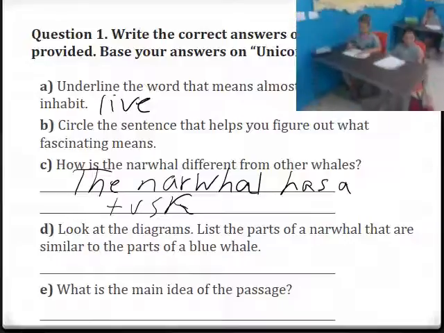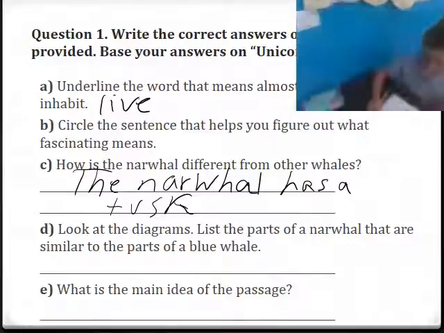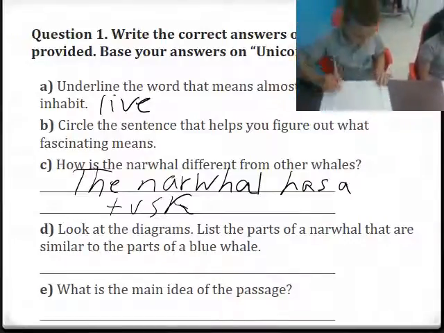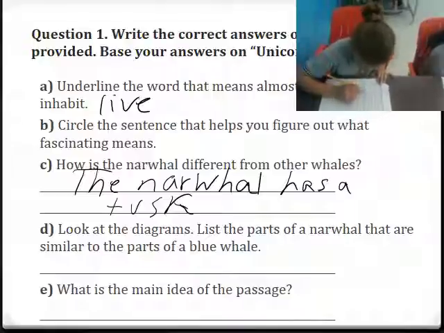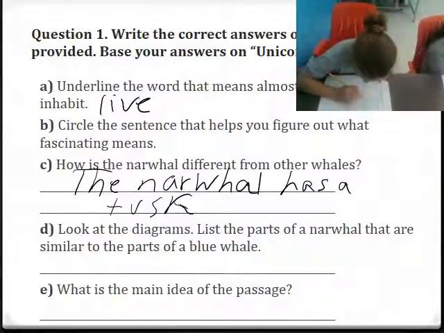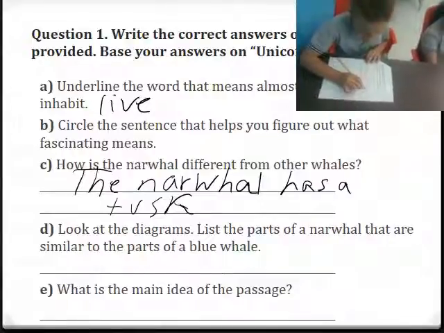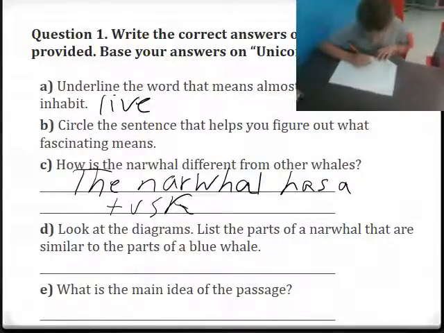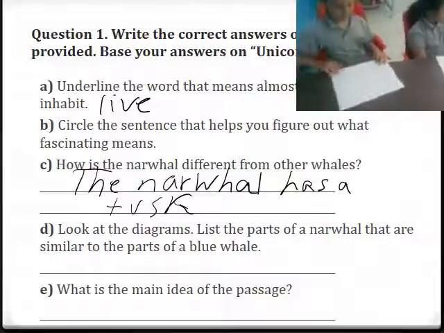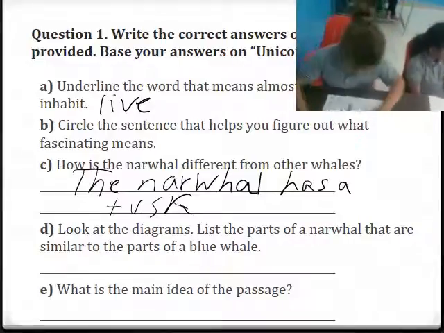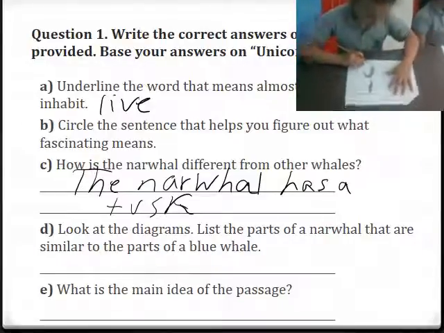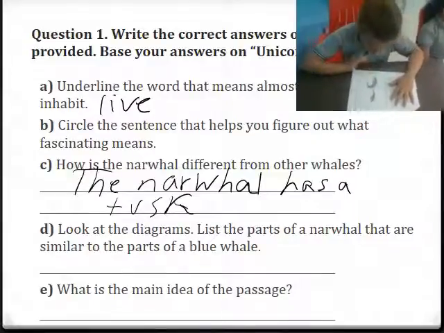Okay, next question. Do you read the question, Leia? Look at the diagram. These are parts of a narwhal that are similar to the parts of a blue whale. Okay, you already read the diagram before. Look at it again. What do they have in common?